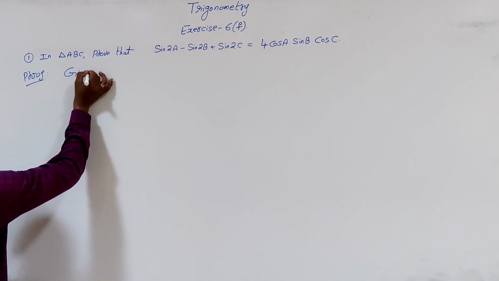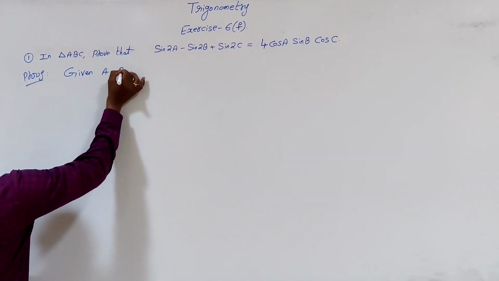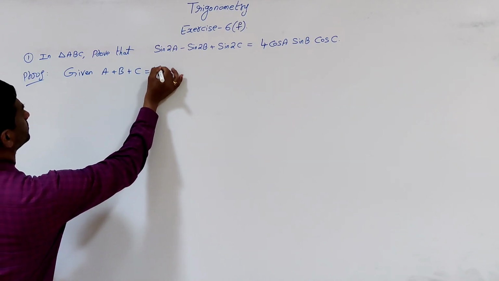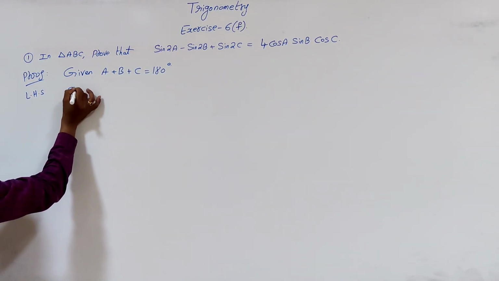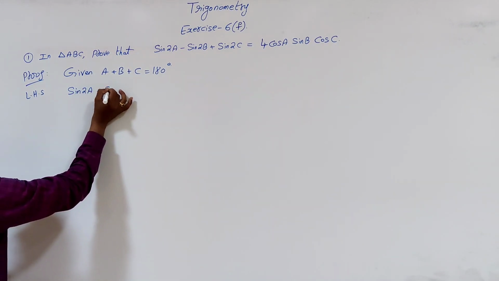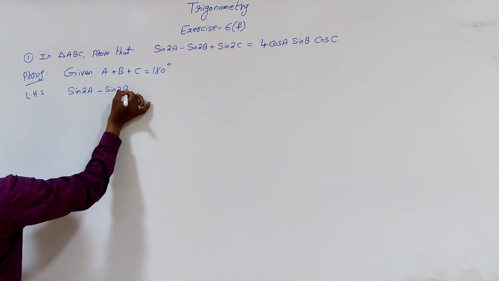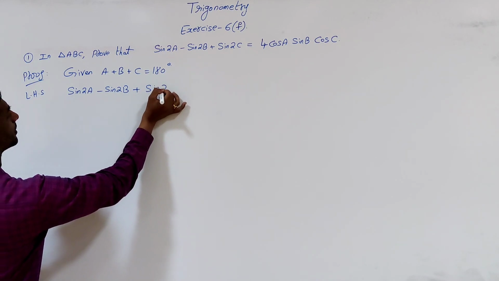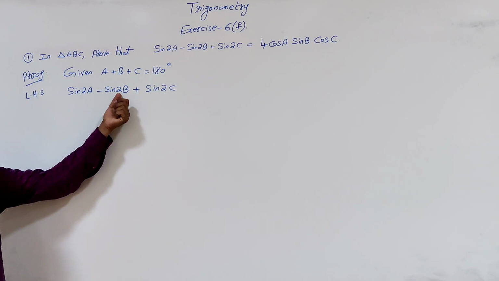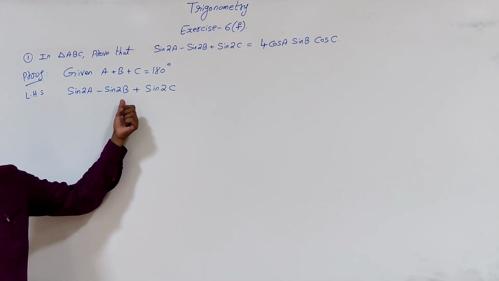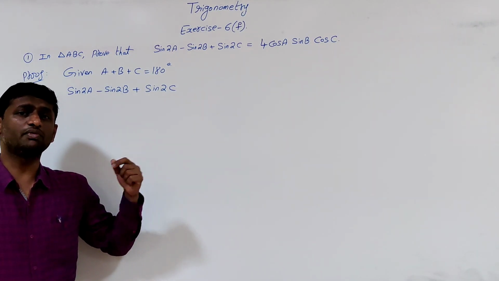Given A plus B plus C is equal to 180 degrees. Now take the LHS, that is sin 2A minus sin 2B plus sin 2C. If we observe the first and second term, it is in the form of sin C minus sin D, the difference of trigonometric ratios.